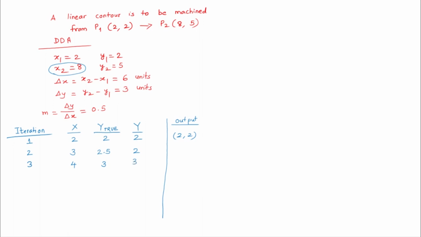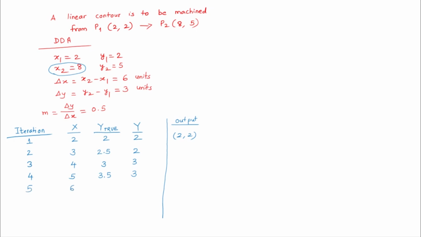Again, the value of X will be checked with X2, and it is less than the X2 value, so we will go for the next iteration. This would be 5, Y true would be 3.5, and Y, the integer value, would be 3. Then the next iteration we have to go because X is less than 8.